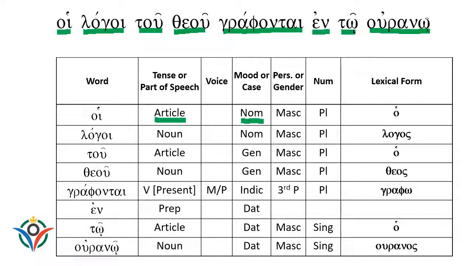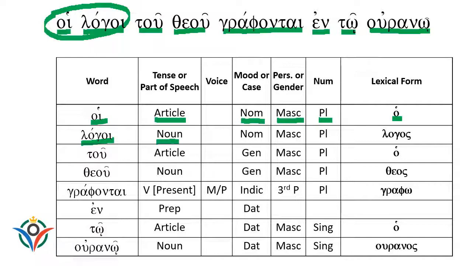It's in the nominative case. Its gender is masculine and its number is plural. The lexical form is ho. So you can see there, it modifies logoi. And so we know that the article will always agree with the noun that it's modifying in gender, number, and case.